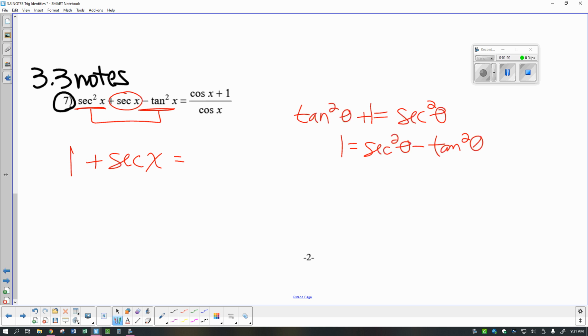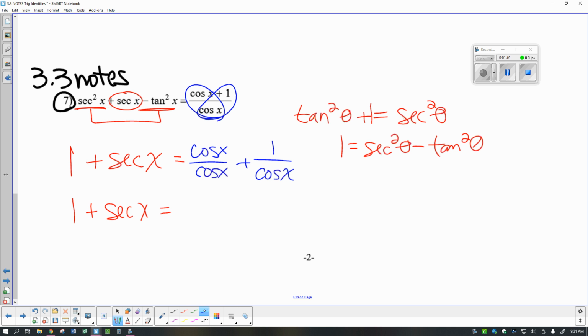The next side I'm also going to do some simplifying as well, and I'm going to break this fraction into 2 separate fractions. So I would have cosine of x over cosine of x, and I think some of you can simplify that down right away. And then I also have 1 over cosine of x. So this red side, or the left side, is still 1 plus secant of x.